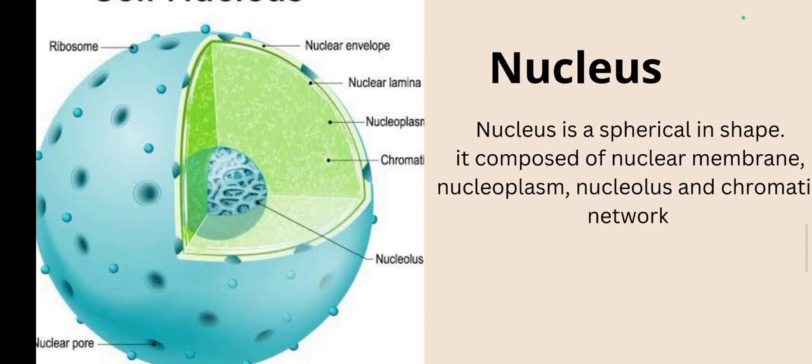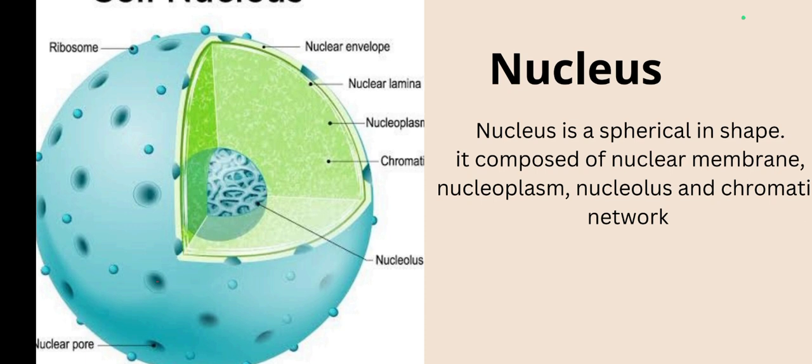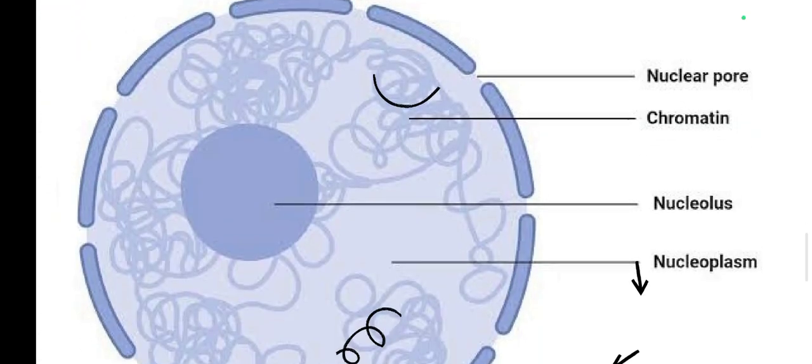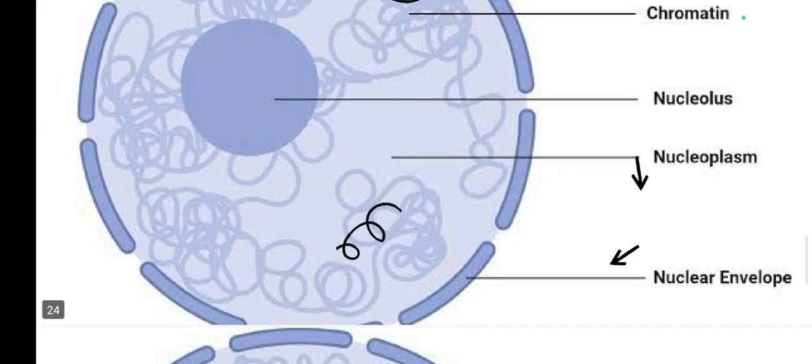As you can see, the nucleus looks like this, covered with a nuclear envelope, spherical in shape, which consists of the nuclear membrane, nucleoplasm, nucleolus and the chromatin network. The nucleolus is in the center. The main functions of the nucleus are to control the genetic information of the cell, control protein and enzyme synthesis, control cell division and cell growth, store DNA, RNA and ribosomes, and regulate the transcription of mRNA to protein.